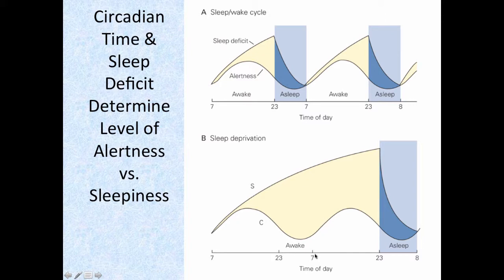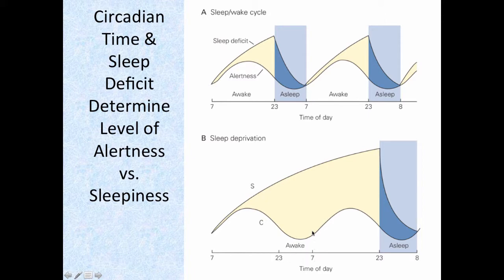Okay? And what you'll find is that between the hours of 7 and 12 the next day, that person will actually feel an increase in energy and less tired or sleepy because of this rise in alertness, despite the fact that their sleep deficit is continuing to rise, and despite the fact that they have been awake longer than they did between 23 to 7.